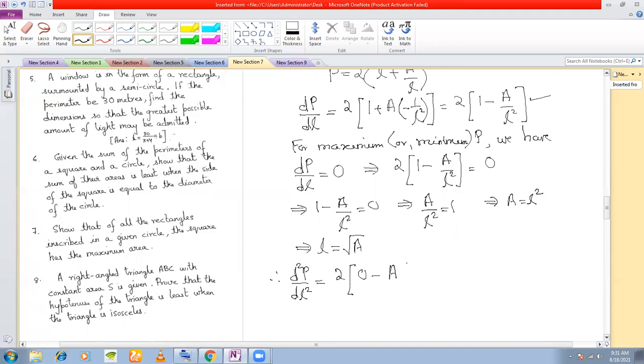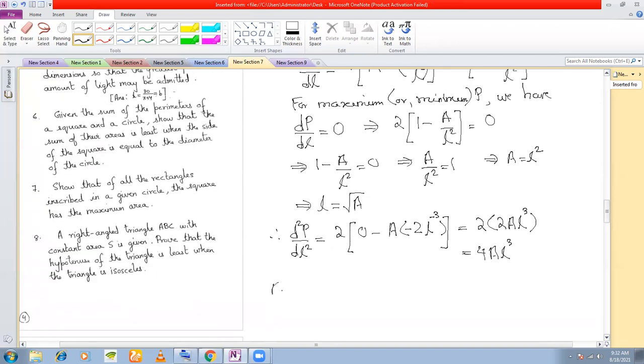You can take it out of the differentiation, and you get minus twice, and 1 by L square you can write as L to the power of minus 2, which if you differentiate you'll get minus 2 L to the power of minus 3, which you get as 2a by L cube, which is equal to 4a by L cube.